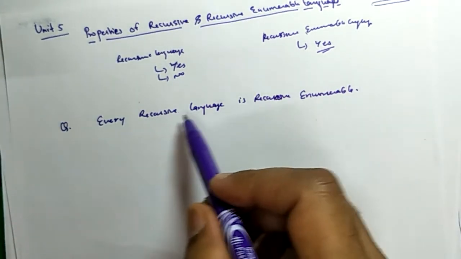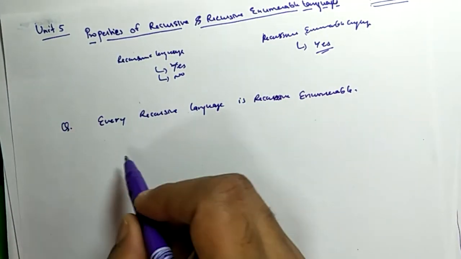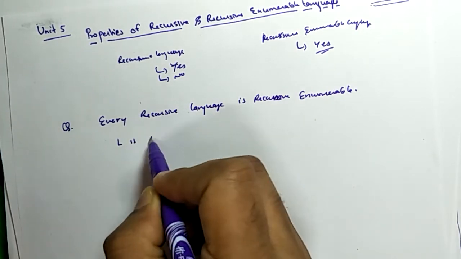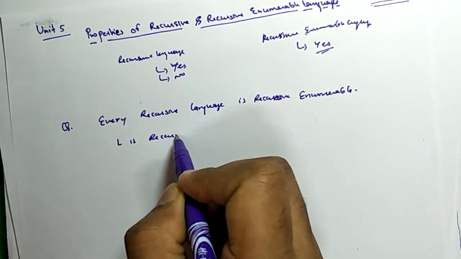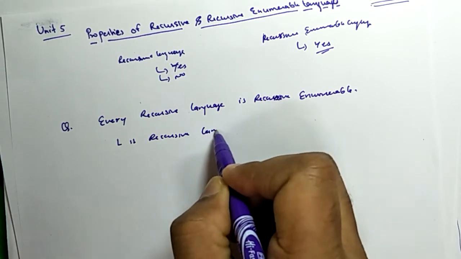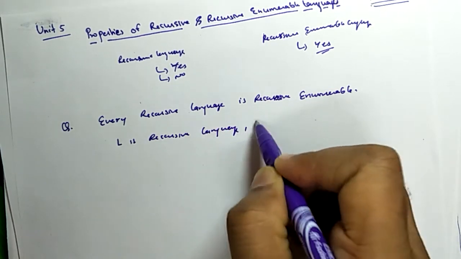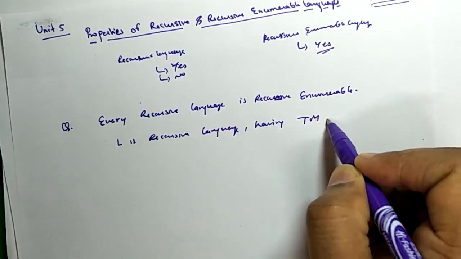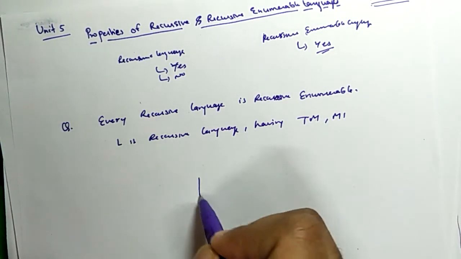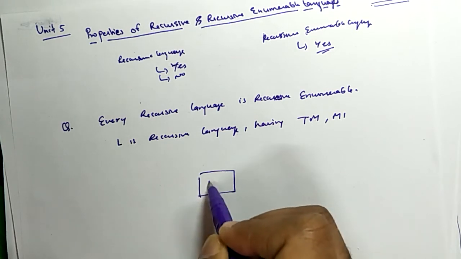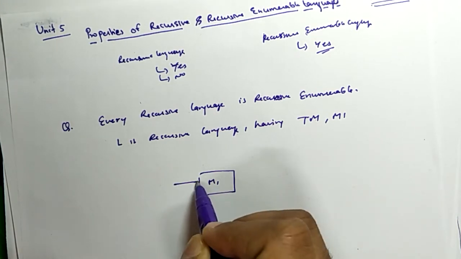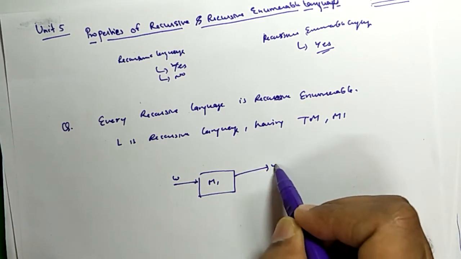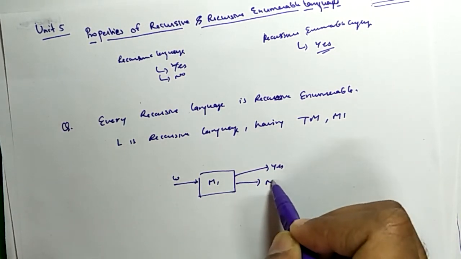We know that if L is a recursive language, then we have a Turing machine, say M1, for which if we give a W as an input, we will get the answer in yes and no.